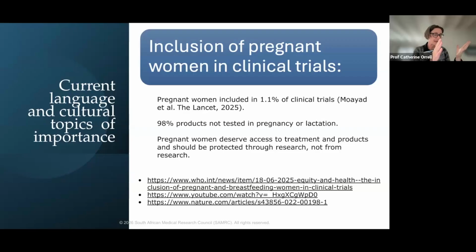And in fact, all we have done is risk shifted, and instead of the product being tested in a controlled clinical trial environment with full and thorough informed consent from that pregnant woman, we have just shifted the risk to a later stage when the drug is available in the market, and it's basically given to pregnant women without testing or really understanding the impact, the drug concentrations in the breast milk, the drug concentrations that are passed on to the baby.